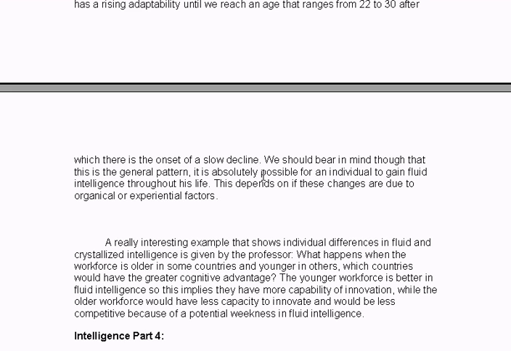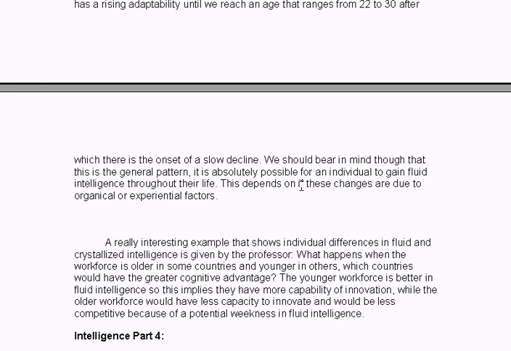It's absolutely possible for an individual to gain fluid intelligence throughout their life. Okay, this depends on whether these changes are due to organic or experiential factors.